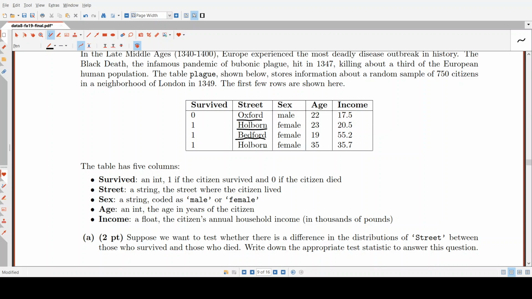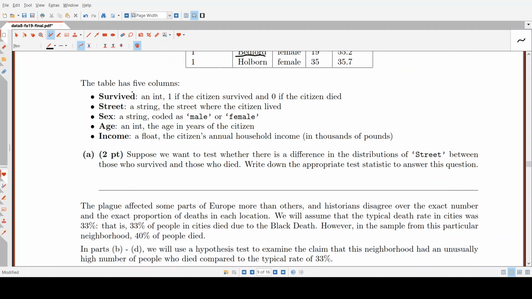So the key thing here is that street is a categorical variable, and there are a bunch of different streets that you could have lived on. So for a categorical variable where there are multiple different categories, that lends itself to using the total variation distance as a test statistic.